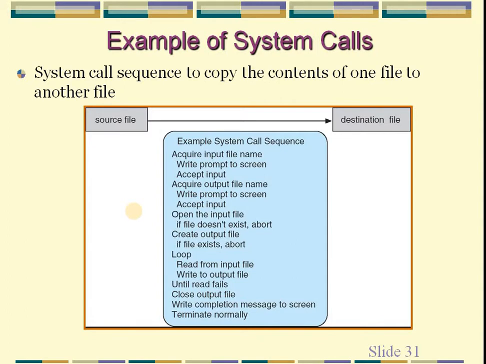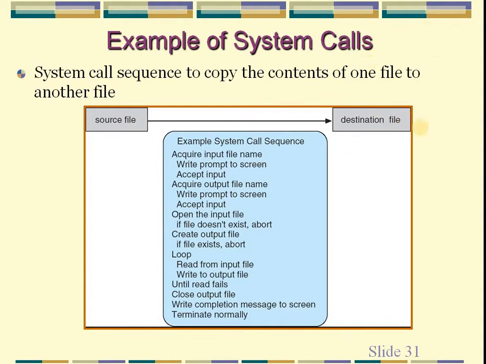This diagram describes an example where one file is copied to another file. Consider two files: one is the source file and another is the destination file.